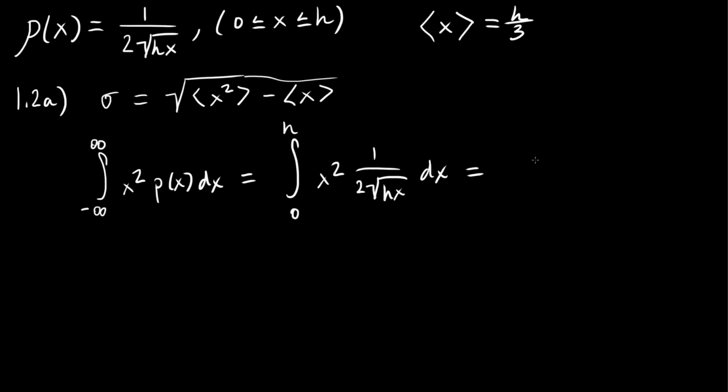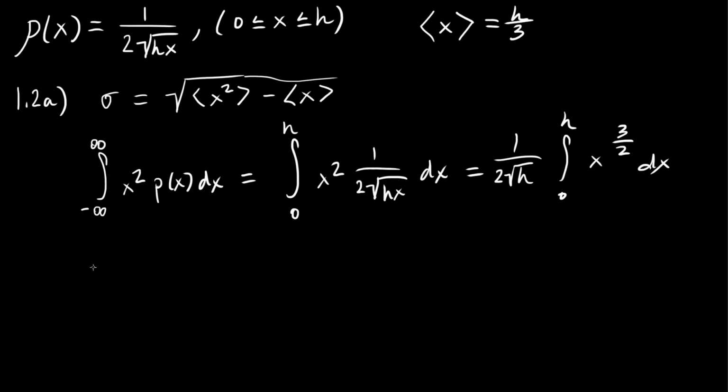Now we have to simplify. We could pull out the 1 over 2 square root of h, since those are not functions of x, and this becomes x to the 3 over 2 dx.